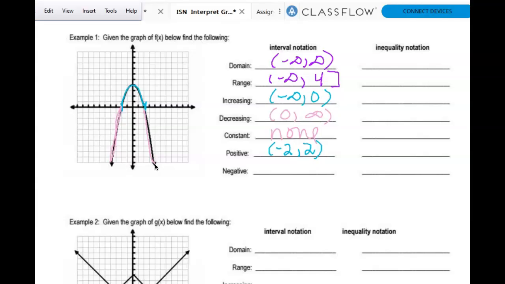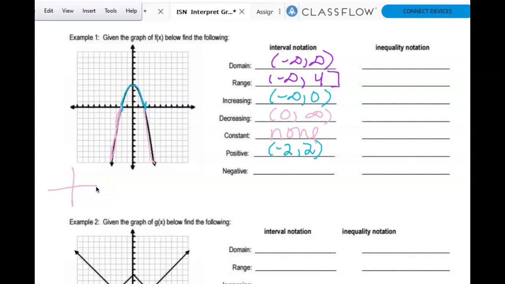Tell me what you're not getting, guys. What are you not getting? Okay. So what I'm asking is, where are the y values positive? On top, right?